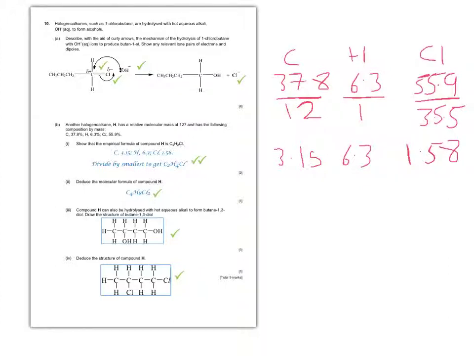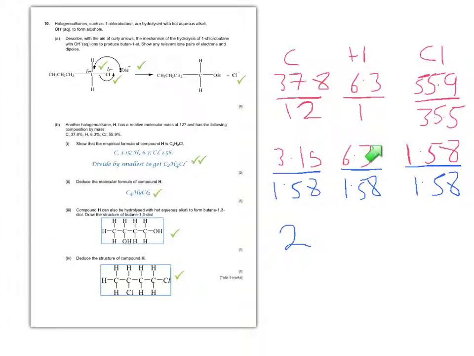1.58. The next step is to divide each of these numbers by the smallest of the 3, which is 1.58. So we're going to divide 3.15 by 1.58. We'll divide 6.3 by 1.58. And finally we'll divide 1.58 by 1.58. And that should leave us with the amount of carbon being equal to 2, because 3.15 divided by 1.58 is 2.